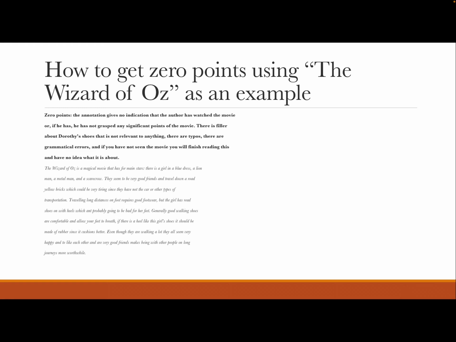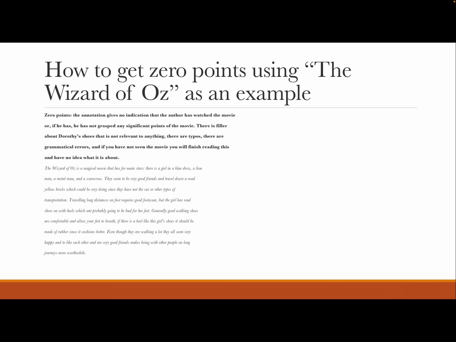There is a girl in a blue dress, a lion man, a metal man, and a scarecrow. They seem to be very good friends and travel down a road, yellow bricks, again, a grammatical issue, which could be very tiring since they have not the car or other types of transportation. Traveling long distances on foot requires good footwear, but the girl has reed shoes on with heels, which aren't, again, typo, probably going to be bad for her feet.